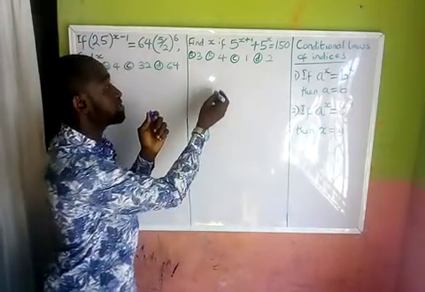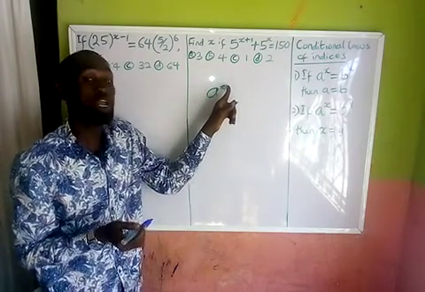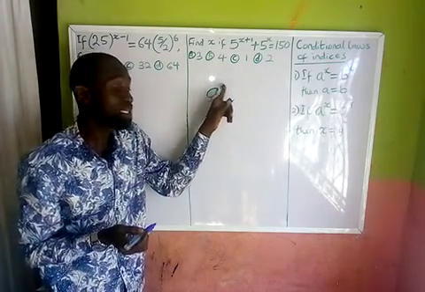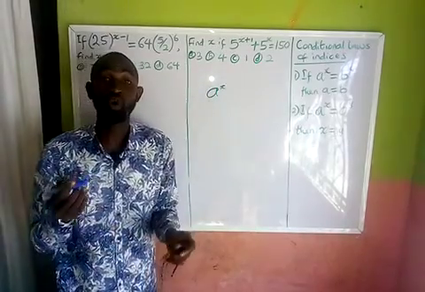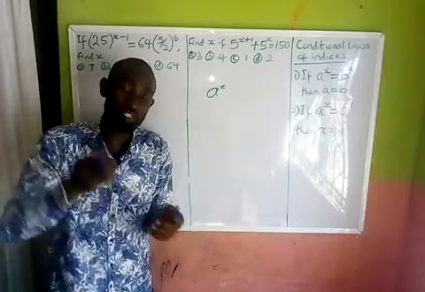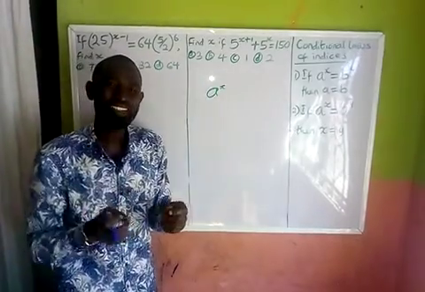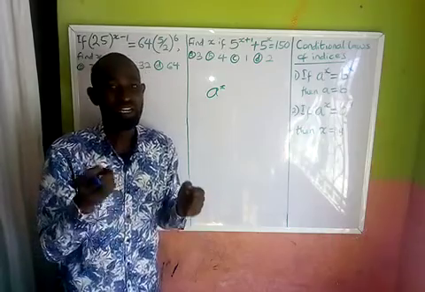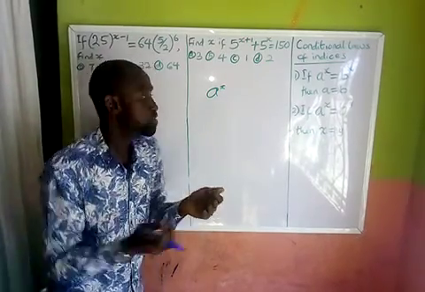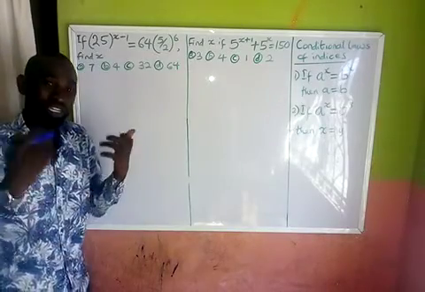If I have a raised to power x, this is the base and this is the power. The power can also be called the index, and it can also be called the exponent. So anytime we see any expression in mathematics that has a base and a power, that expression is termed an index expression.